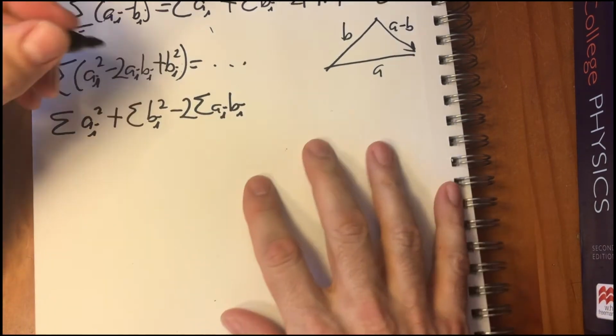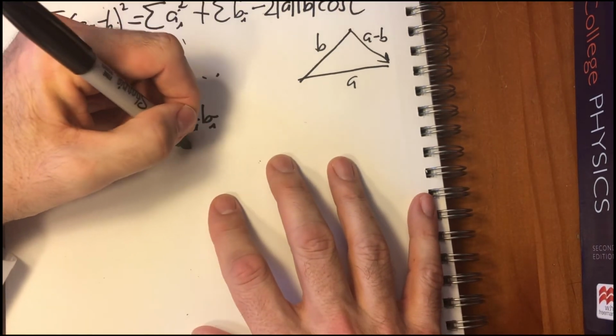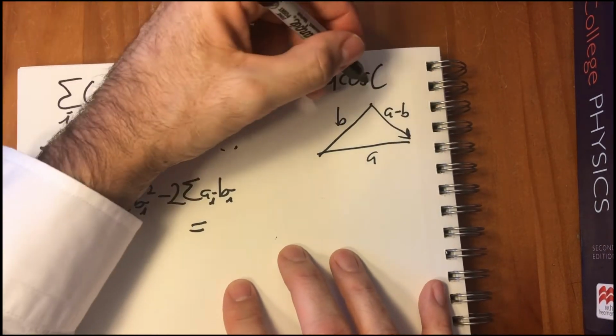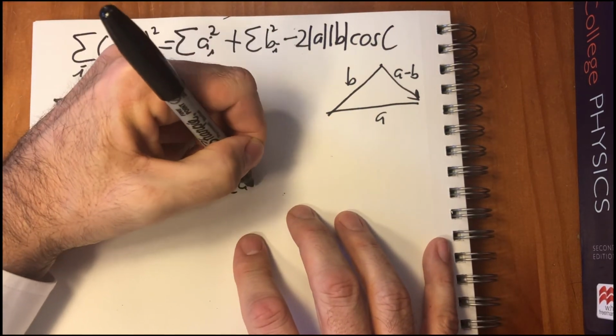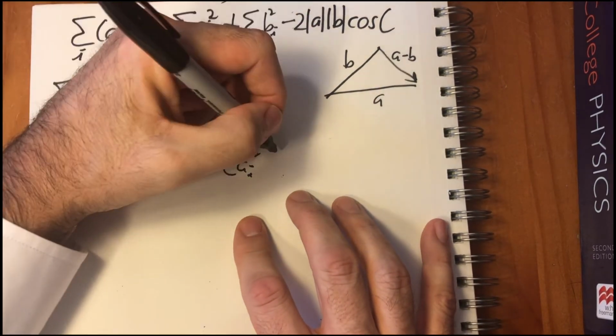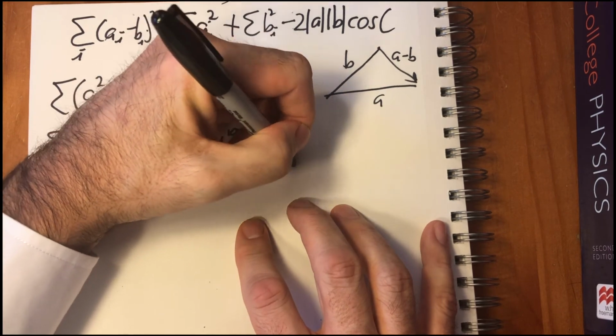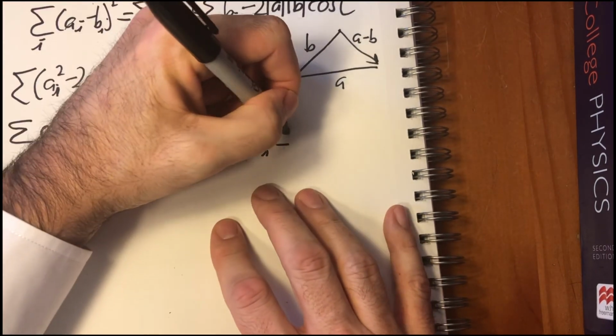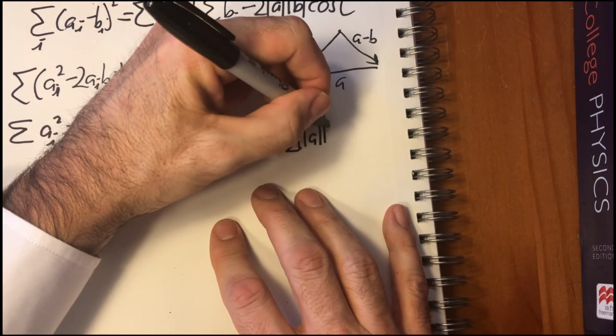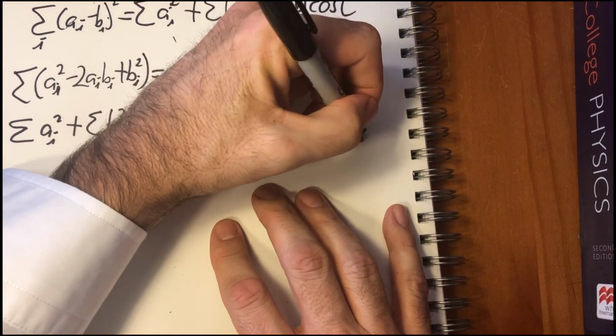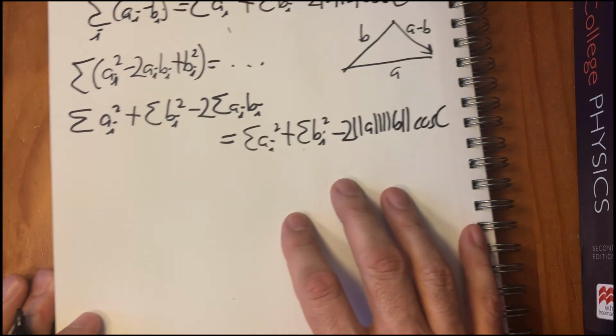And then that all equals what we had up here: ai squared plus bi squared minus 2ab cosine c.